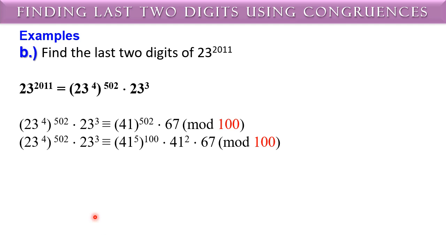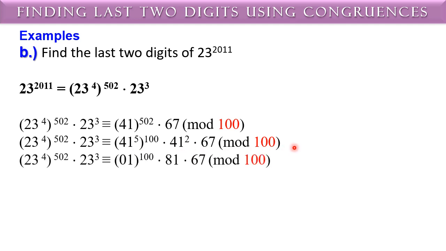We expressed 41 raised to 502 in this way since 41 raised to 5 will leave a remainder of 01 when divided by 100. Simplifying this part of our expression, we will have it congruent to 01 raised to 100 times 81 times 67 modulo 100.